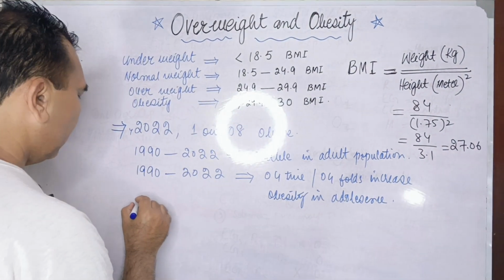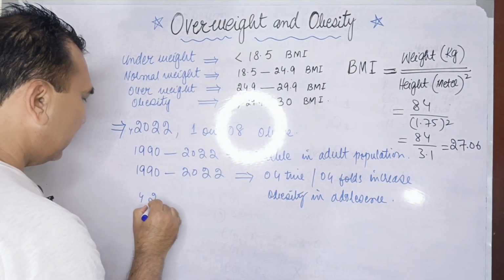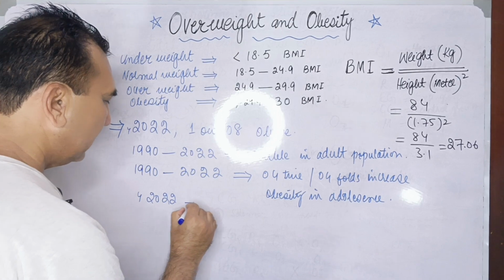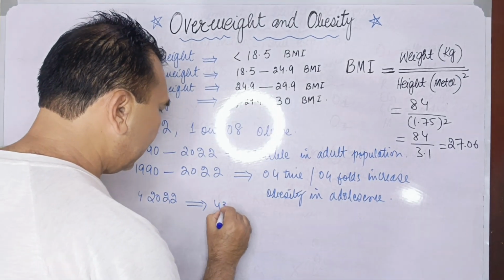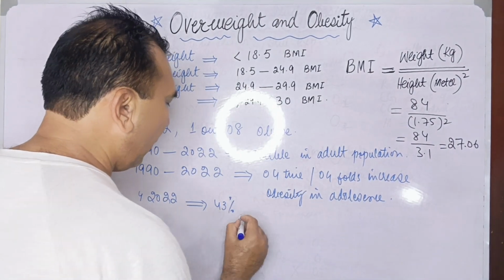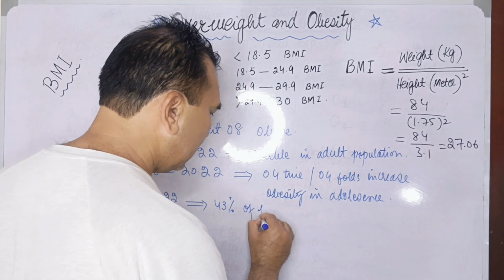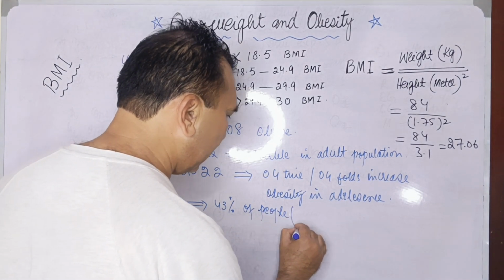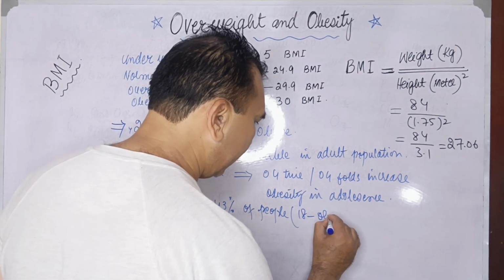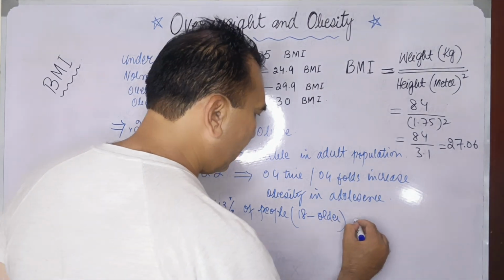According to WHO, in 2022 around 43% of people aged 18 and older were overweight.